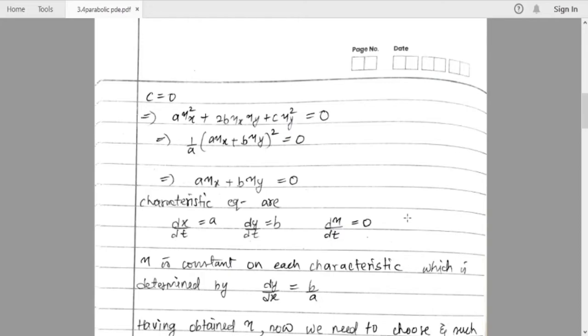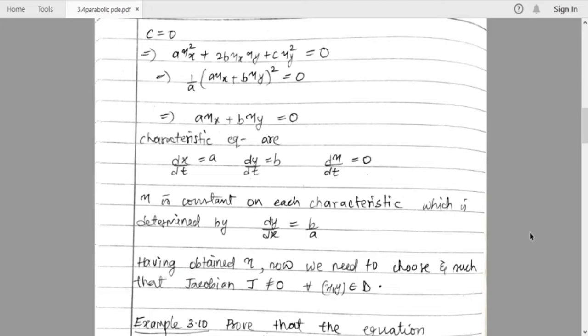In that way we can choose theta. Once we have chosen theta and eta, we can change the coordinate system from xy to the new coordinate system theta eta. We can write the canonical form, and hence it is easy to solve the second order PDE. So we will see an example.